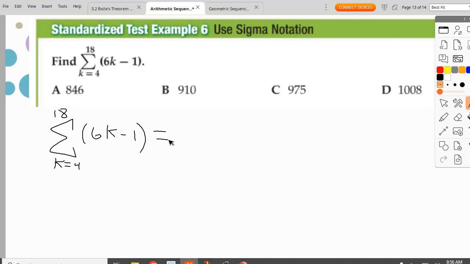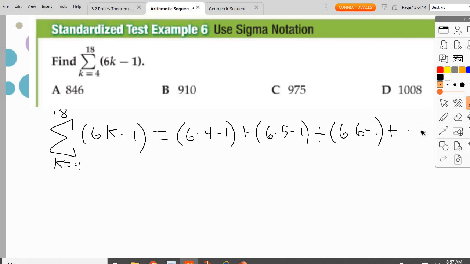So what number are we plugging in first this time? 4. So we have 6 times 4 minus 1. Then we would add, and we would plug in 5. Then we would add, and we would plug in 6. And so forth.